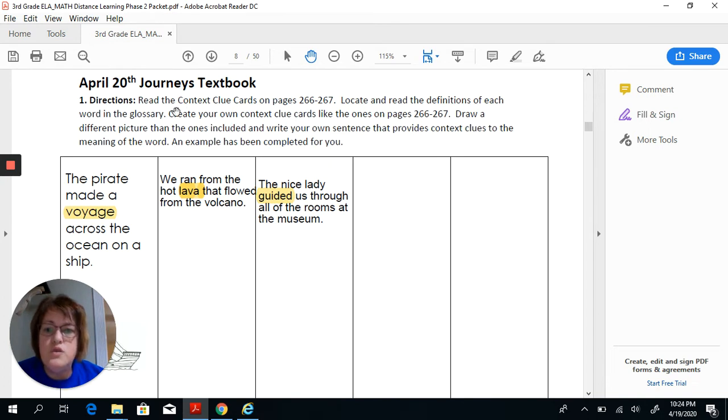Create your own context clue cards like the ones on pages 266 and 267. Draw a different picture than the ones included and write your own sentence that provides context clues. Pay close attention to that.